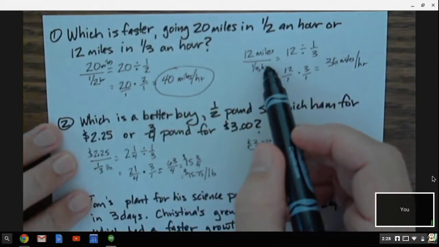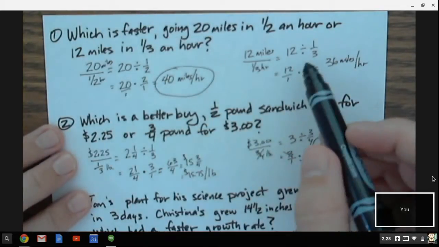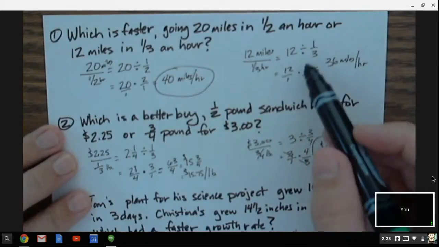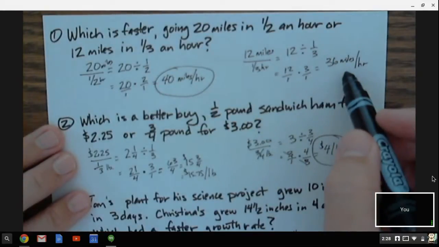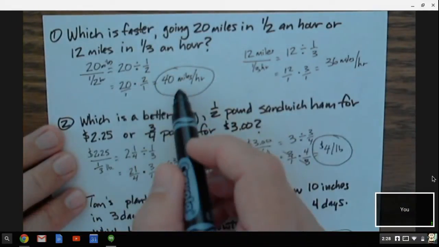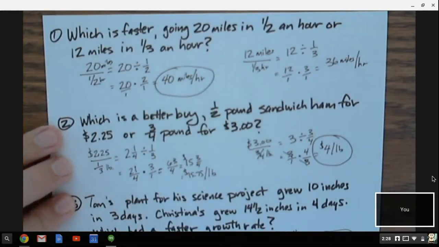He did the same thing with the other rate, 12 miles divided by 1/3 of an hour. Rewrote it in this form so he can do his same change flip, because he knows that dividing by a fraction is the same as multiplying by the reciprocal, and gets 36 miles per hour, and then correctly circled 40 miles per hour as being faster.